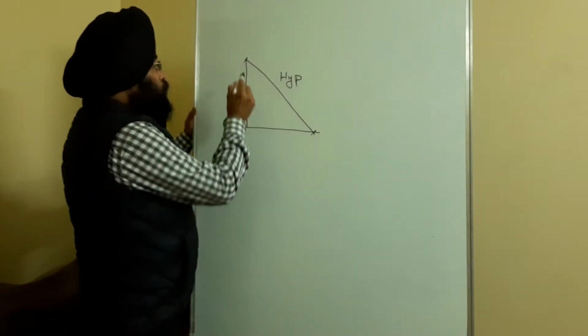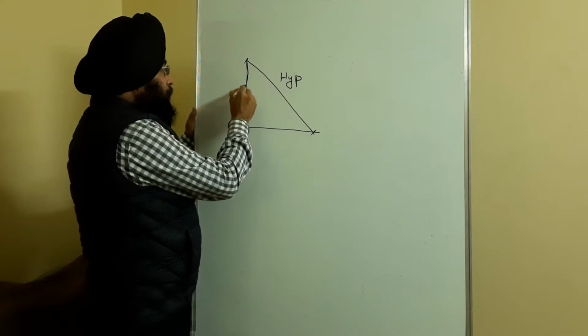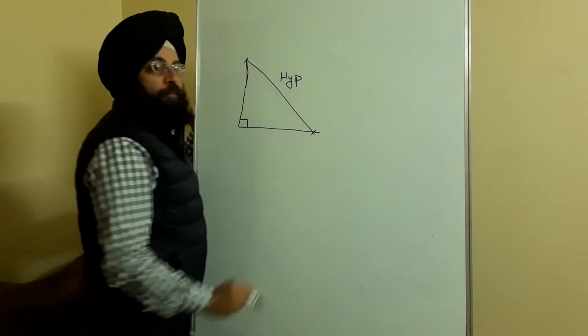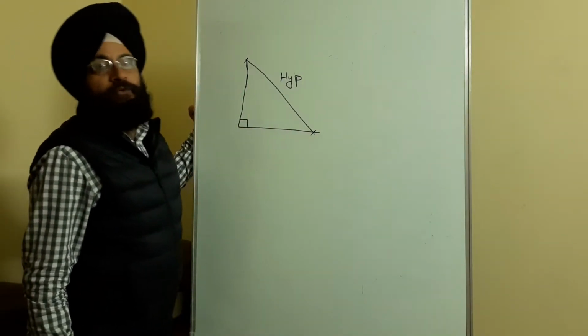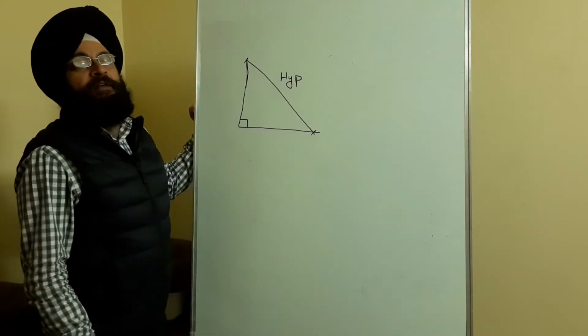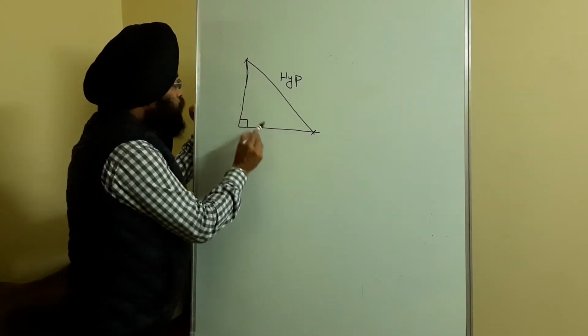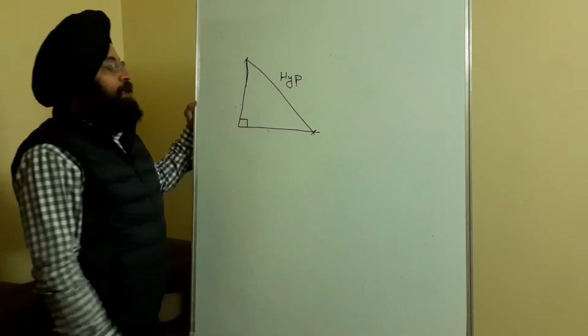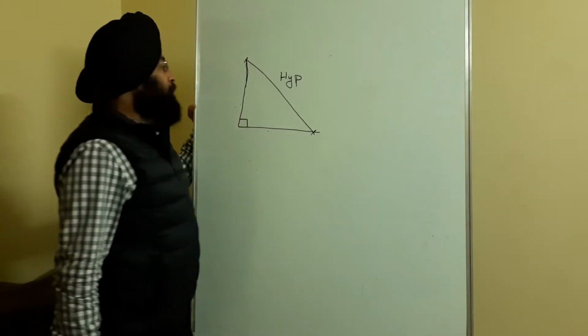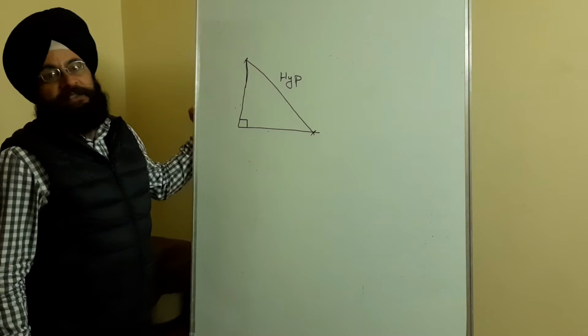But when it comes to perpendicular or altitude and base, then we get confused. Students sometimes get confused about which of these two sides is to be taken as base and which side is to be taken as altitude.